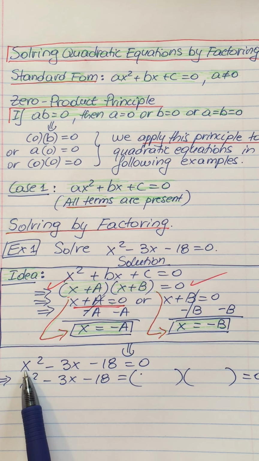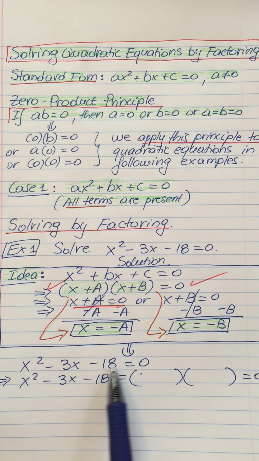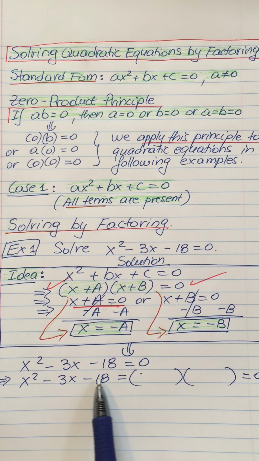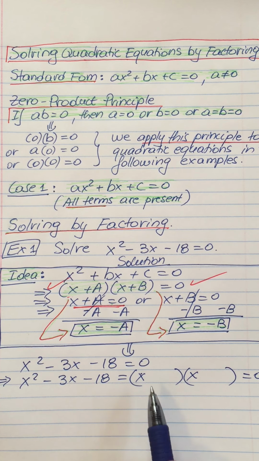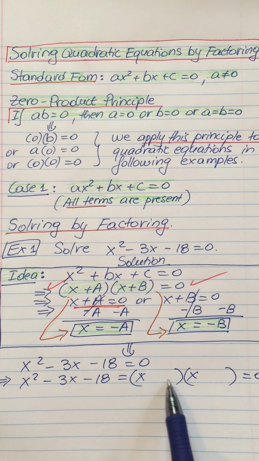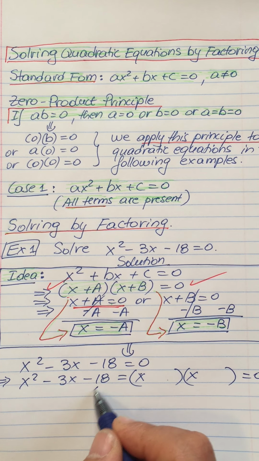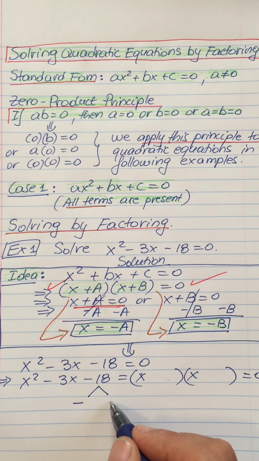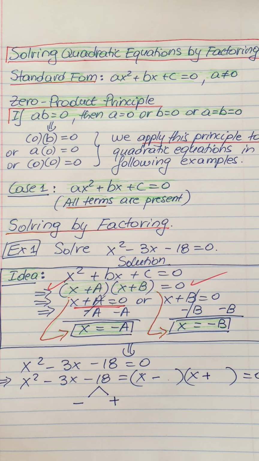Now, I want to solve x squared minus 3x minus 18 equal to 0. So I want to factor the left side. The left side is the trinomial that I know how to factor. The first terms of the binomials will be x times x, and now I need two numbers. We know that the product of the numbers is negative 18, which means the numbers have different signs.